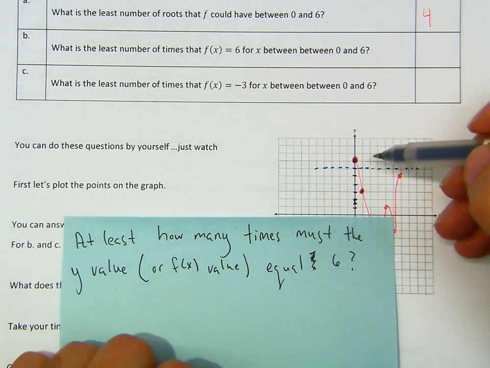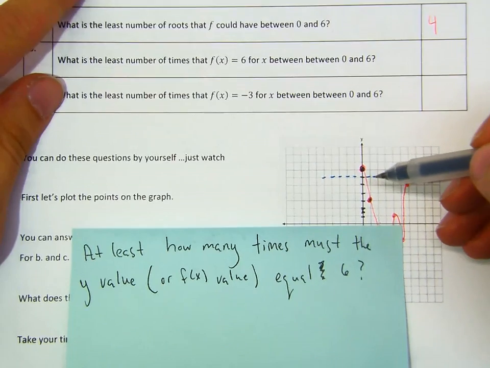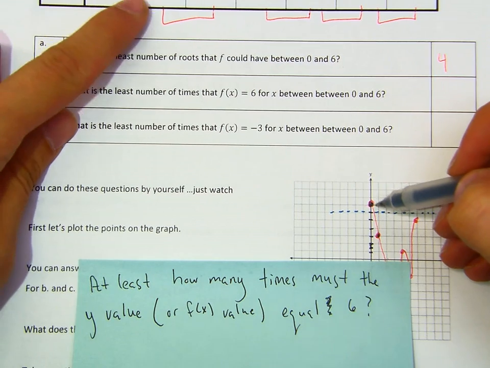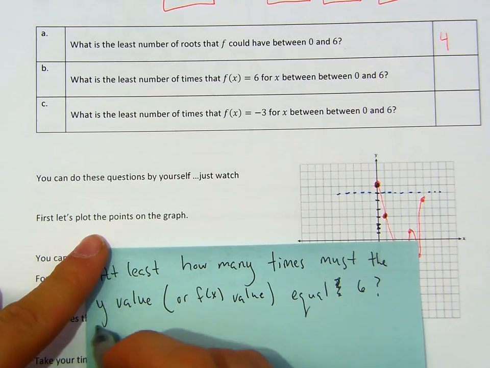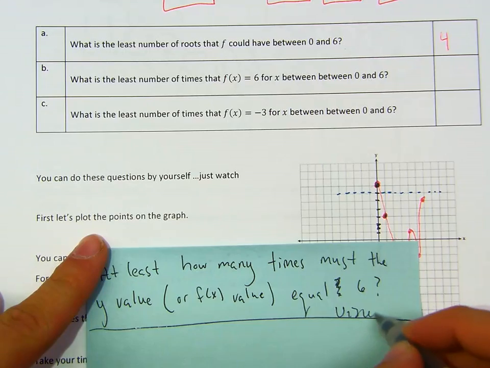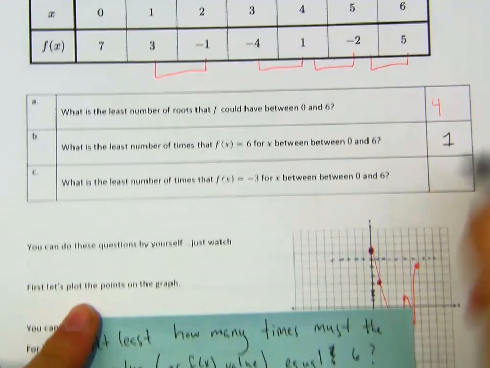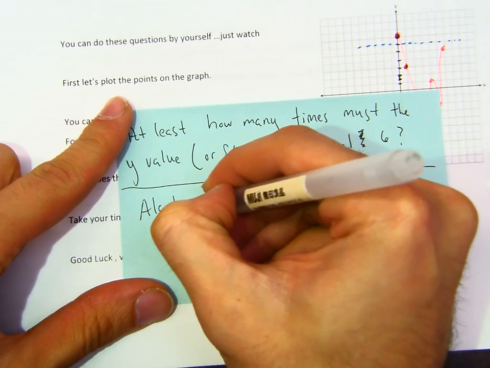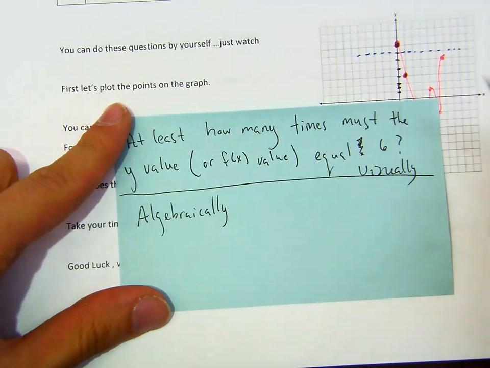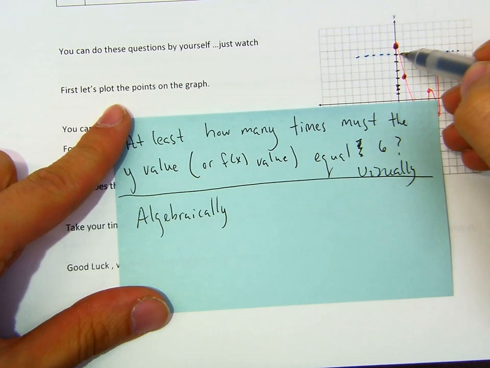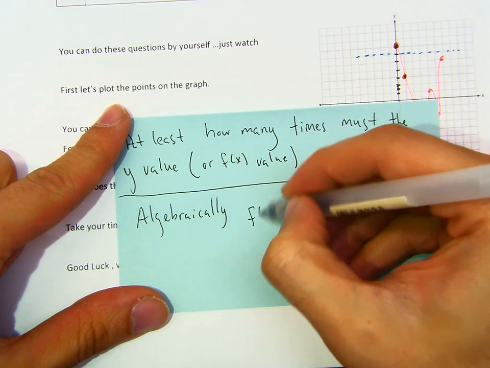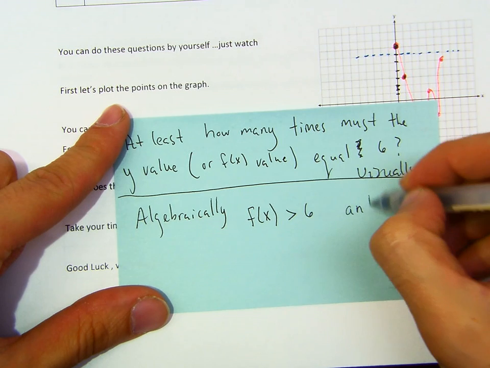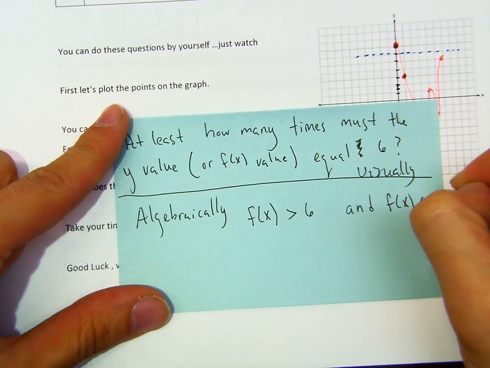Because we have one point at 7, the graph goes down. Visually, it's 1. But the real question is algebraically: we need a point where f of x is greater than 6 and a point where f of x is less than 6.